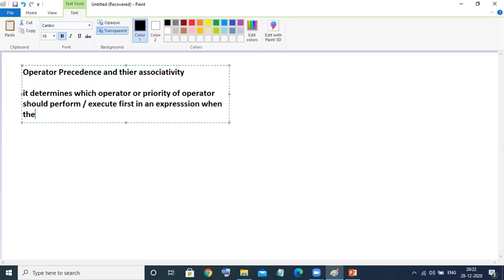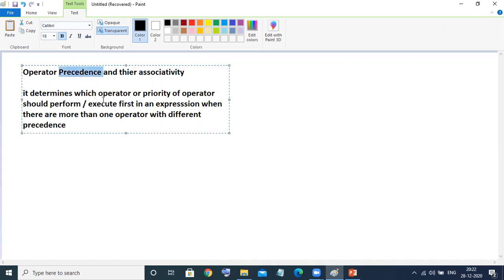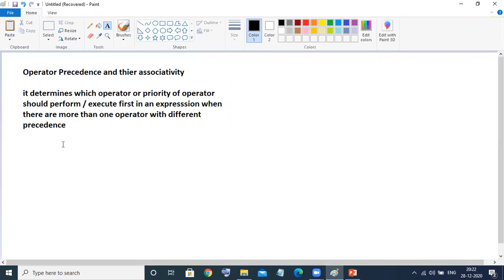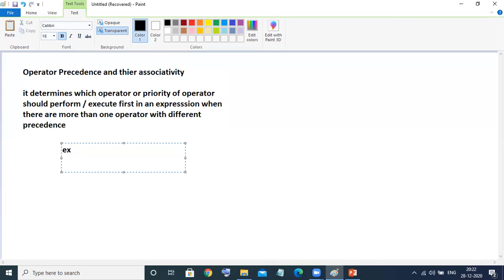Basically, when there is more than one operator with different precedence. Precedence means priority. For example, if we have more than one operator, then this precedence will decide which operator is going to execute first. Let me take one simple example here.